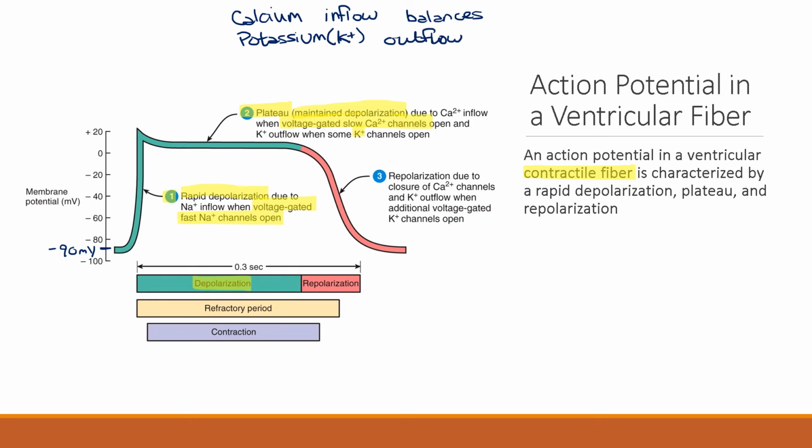And lastly, we get our third step of an action potential in a contractile fiber. This is the recovery of the resting membrane potential during the repolarization phase here. This really resembles the repolarization phase that we've seen in other excitable cells, so it's going to look very similar in a cardiac contractile fiber. After a delay, which is particularly prolonged in cardiac muscle, additional voltage-gated potassium channels open.